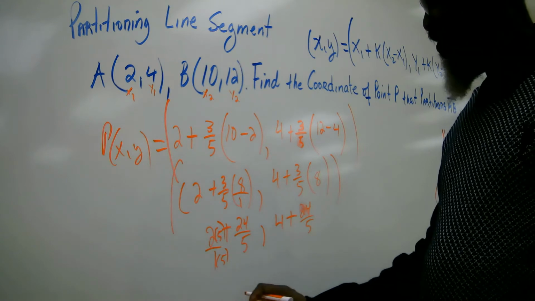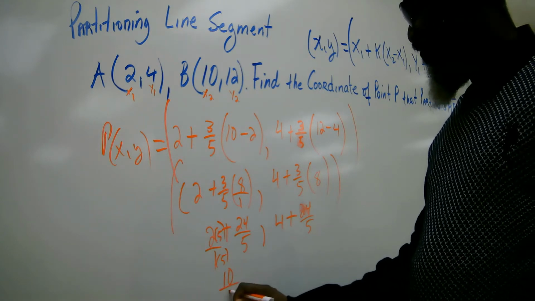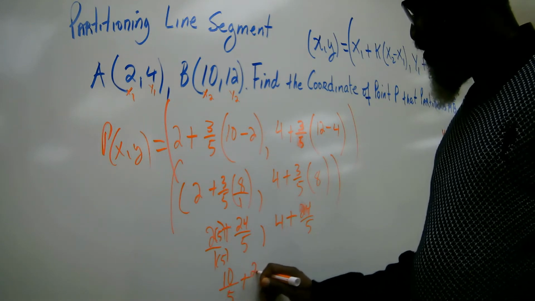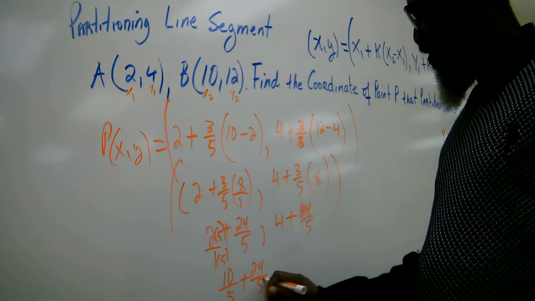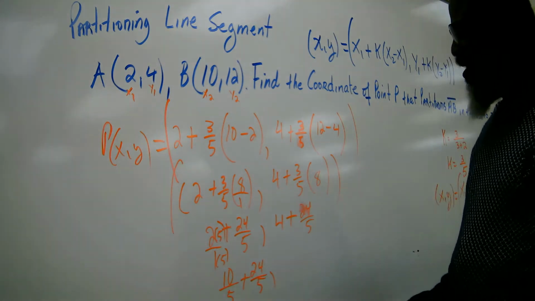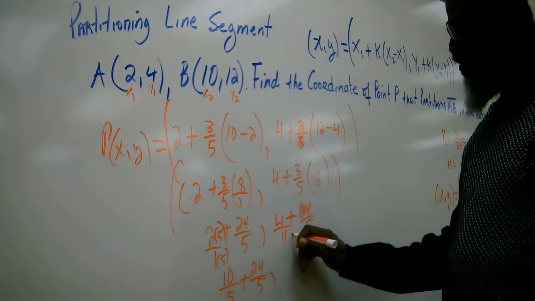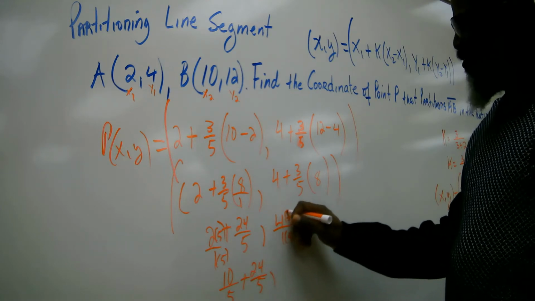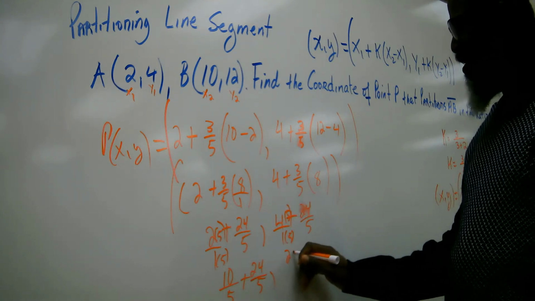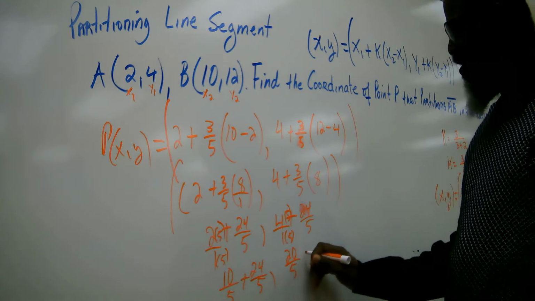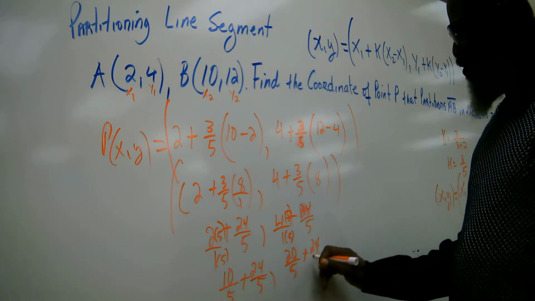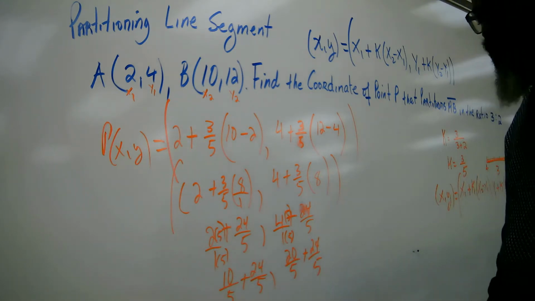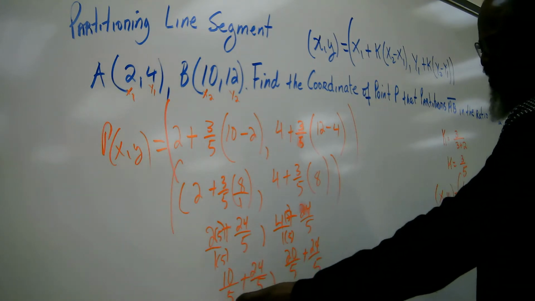This will become 10/5 plus 24/5, and 20/5 plus 24/5. So now we have the same denominator. That's our objective.